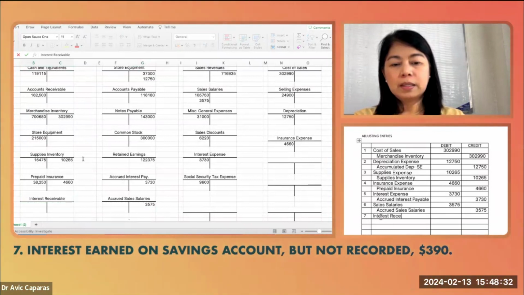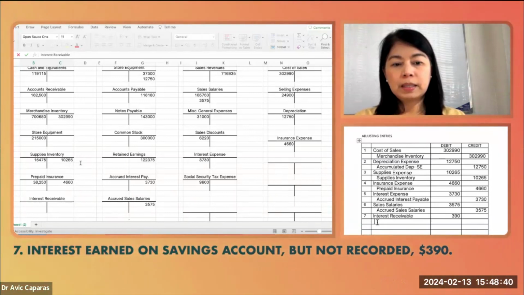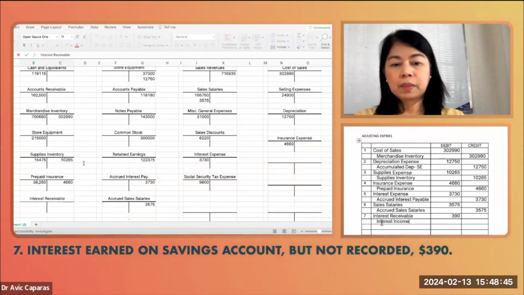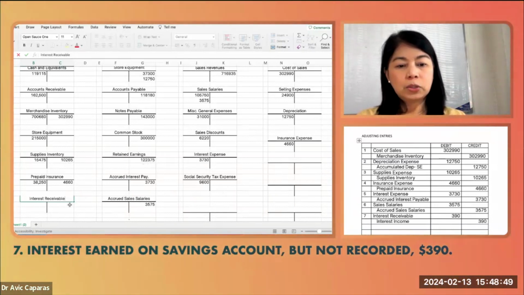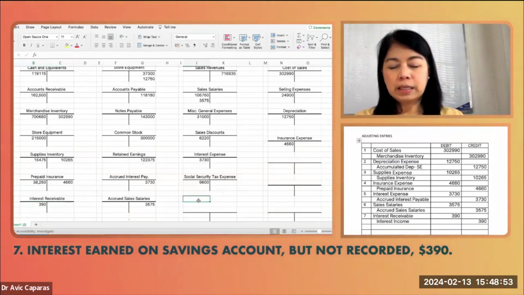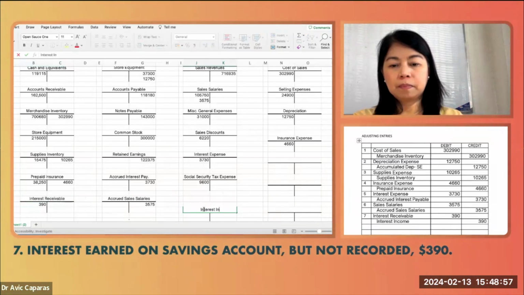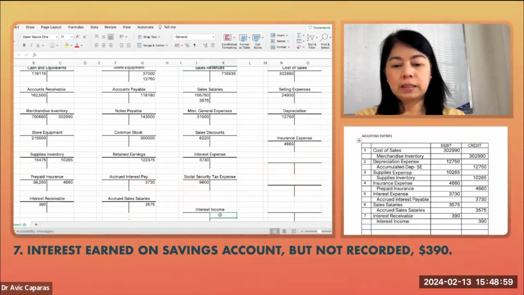Interest receivable, $390, and then interest income, $390. And so that's a receivable of $390. And then here, let's recognize an interest income, debit of $390.